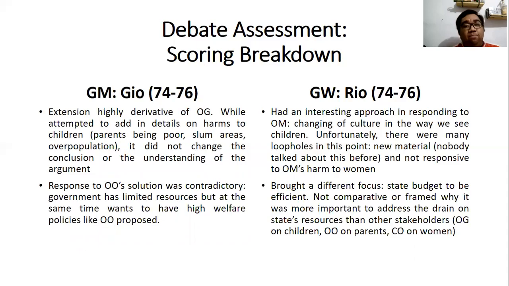While the member did attempt to add in details on harms to children, for example, parents being poor, the existence of slum areas that are filled with crime, the issue of overpopulation, these details did not change the conclusion or our understanding of the argument, which is the idea that these children are going to suffer.